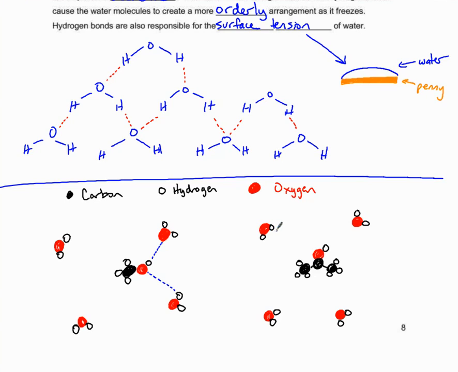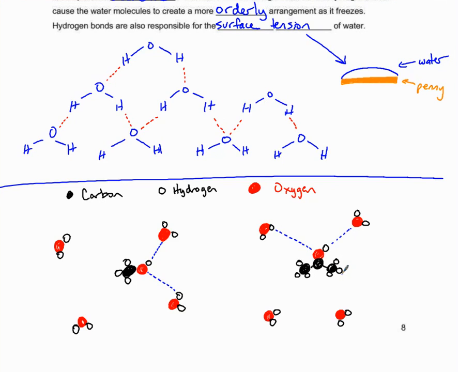So it could be, let's say, this hydrogen with this oxygen. Or it could be this hydrogen with this oxygen. Those are both places where we would see hydrogen bonds that occur. Now, take a look down here. These are carbons and hydrogens together, and I'm not drawing any hydrogen bonds on this side because carbon has hydrogens bonded to it, but carbon is not very electronegative.